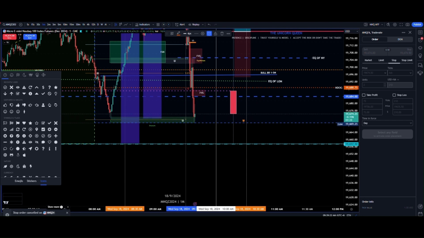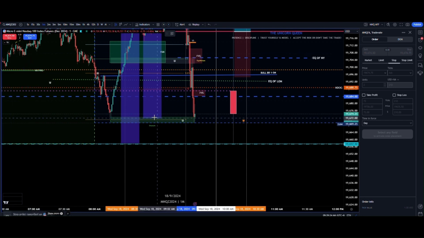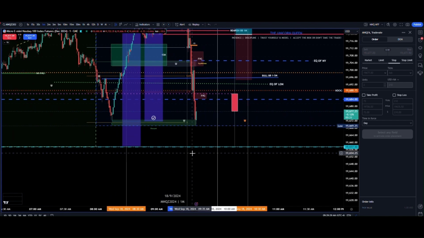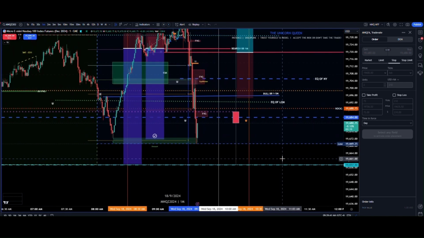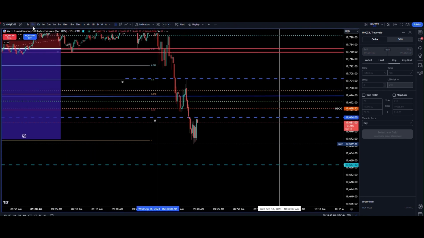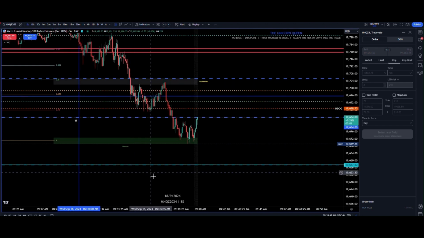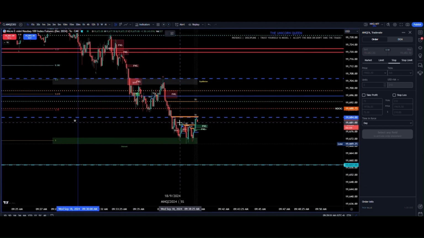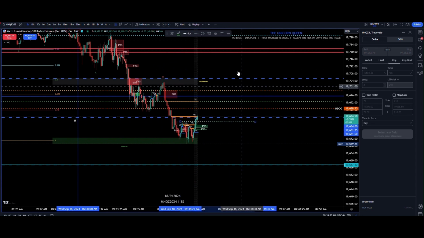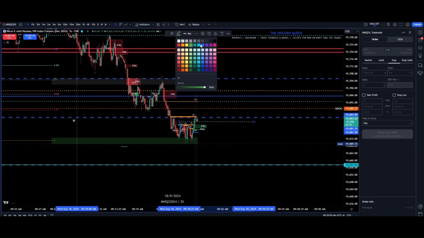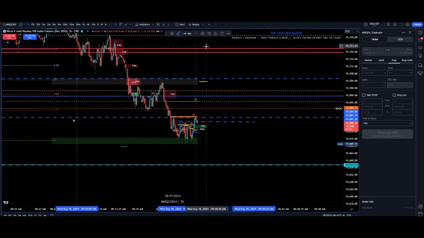Now I'm watching price to see what it's going to do. Ideally, I wanted it to take this session low at 657.5, but price started moving up. So now I'm looking on the lower time frames to see, are there any bullish breakers being made? And I found that on the 5 second, we had made a 5 second and I believe 15-second bullish breaker.